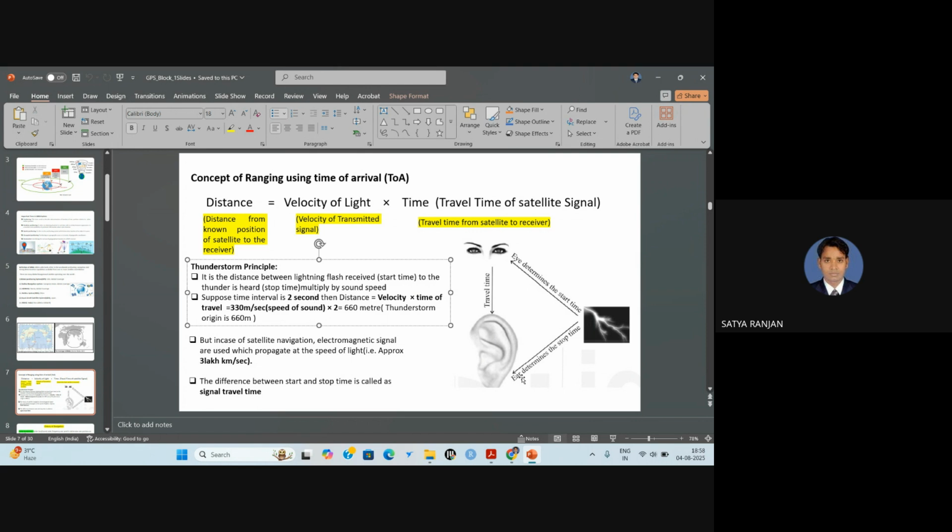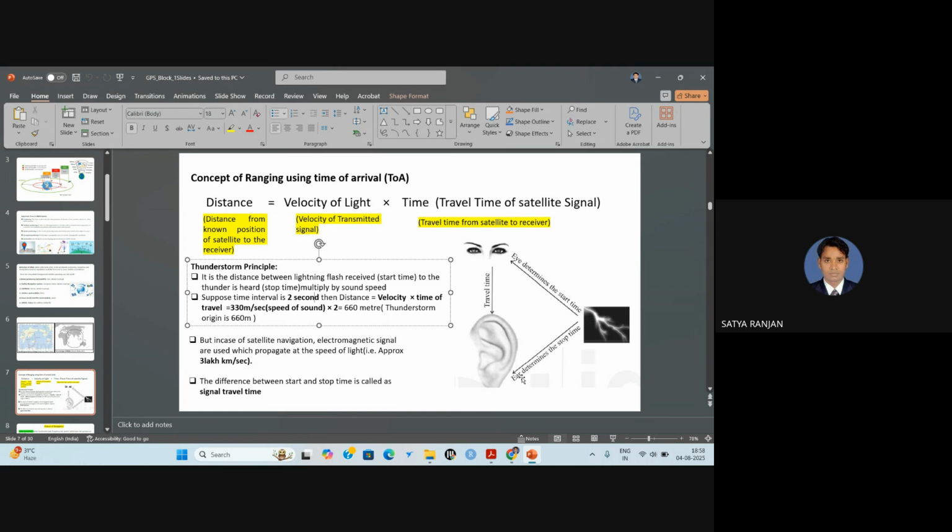This is the principle, and the same principle is also used in the navigation system. But in case of satellite navigation, electromagnetic signals are used which propagate at the speed of light. So when we talk about satellite navigation systems, electromagnetic signals are used, and the velocity of electromagnetic signals is 3 lakh kilometer per second.